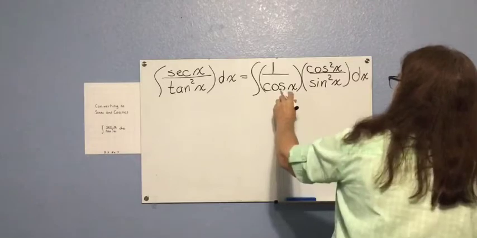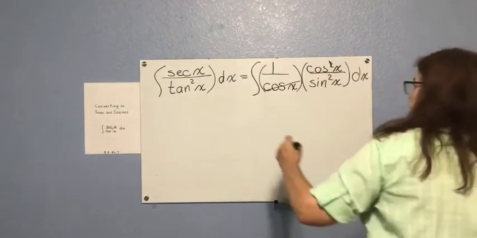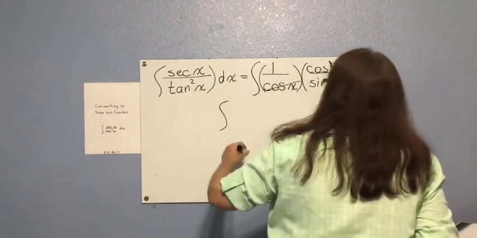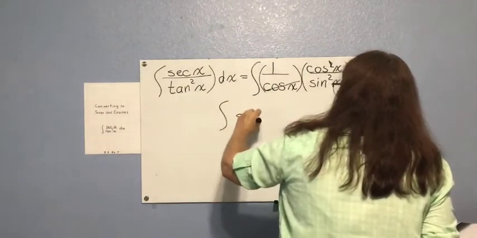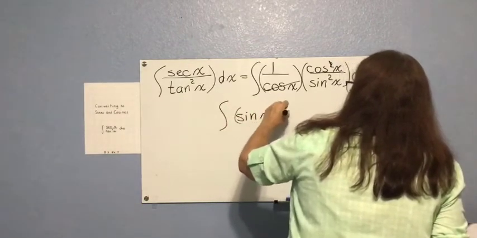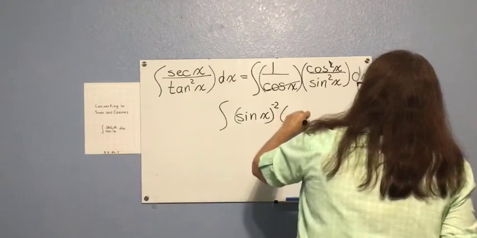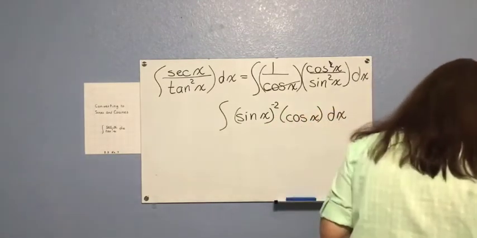Okay, so I've got a cosine here, 2 cosines up here, so I'm going to cancel those out. And now I can rewrite my integral as sine of x to the negative 2 times cosine x dx.